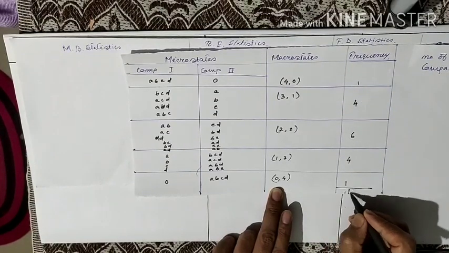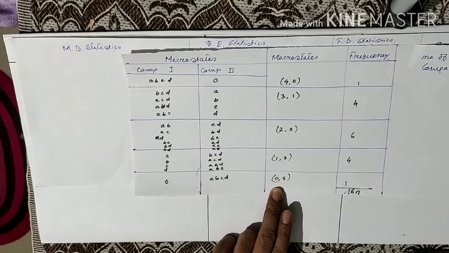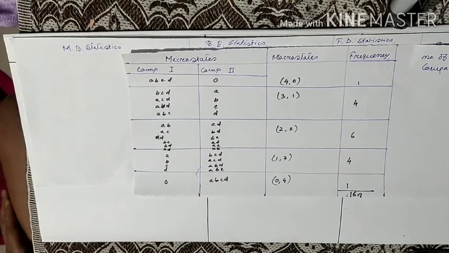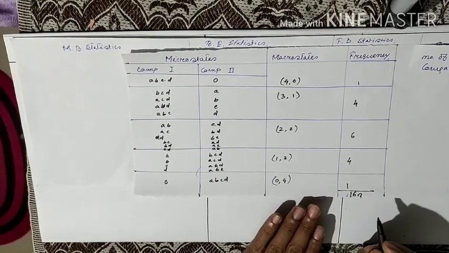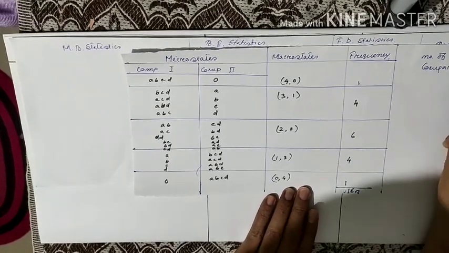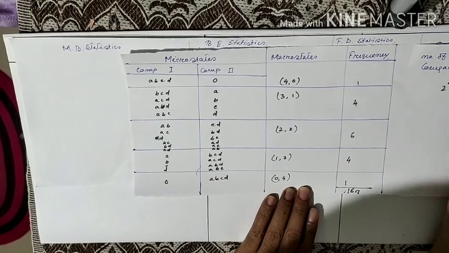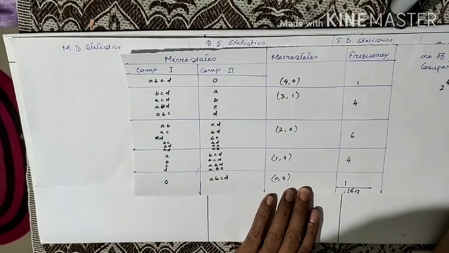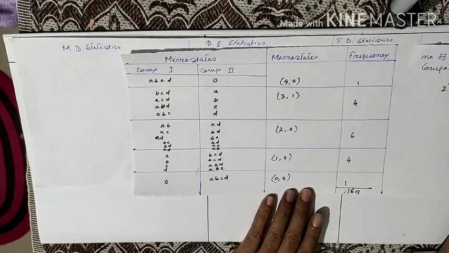So total is 16. This 16 will give us the probability. So here you see there are 2 to the power 4, compartment is 2, particle is 4, 2 to the power 4, 16 arrangements, or frequency is 16.